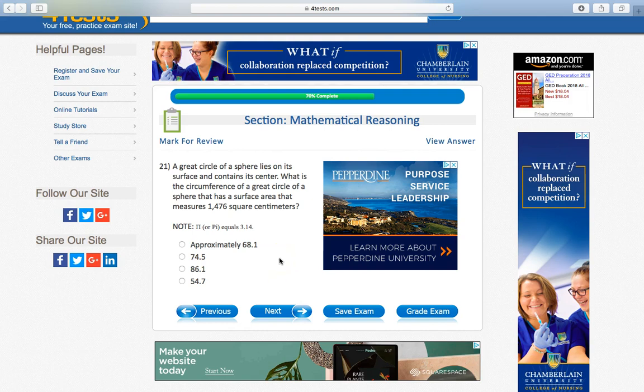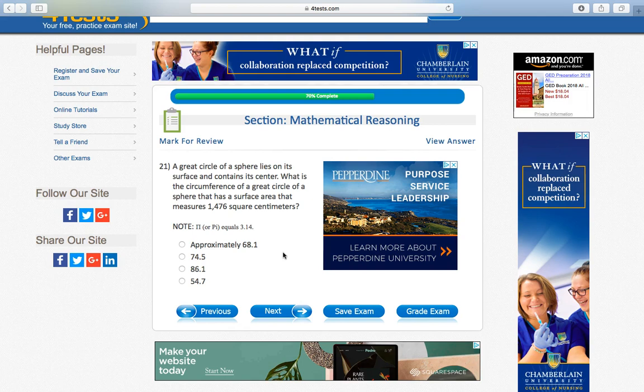Okay, but anyway, if you want to know how to do it, surface area equals 4 pi r squared. That's what we start off with for a sphere. So that's 4 times 3.14 r squared equals 1476, because they told us that the sphere has a surface area of 1476.